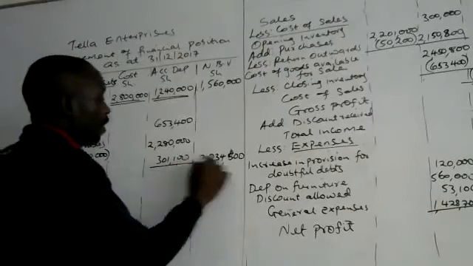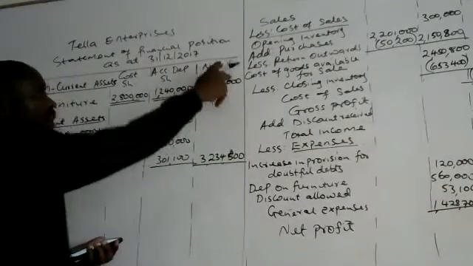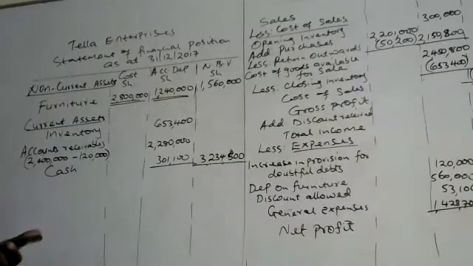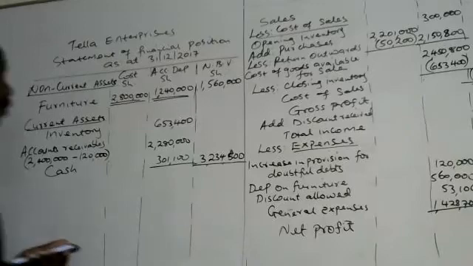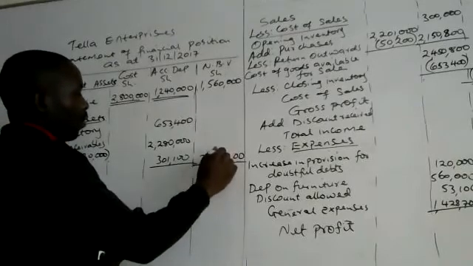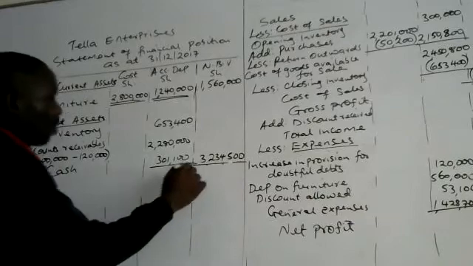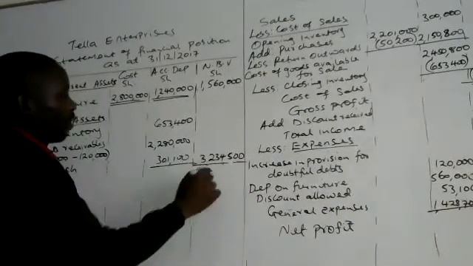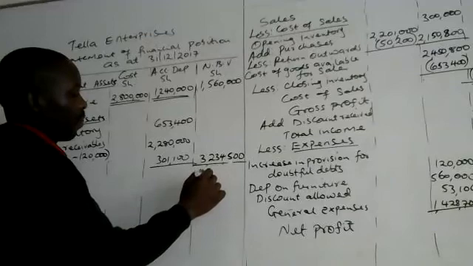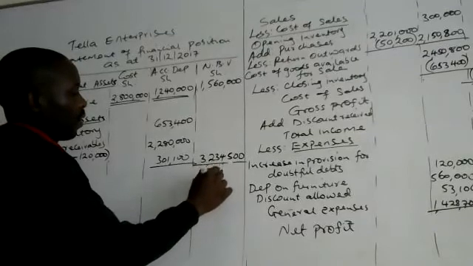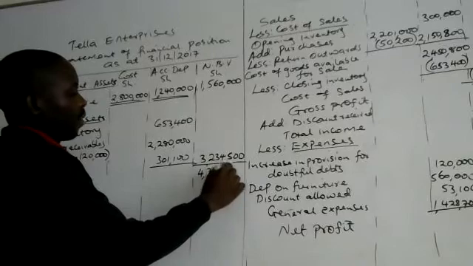Then this is the figure for the total current assets. Add to the net book value of the non-current. 4,794,500.